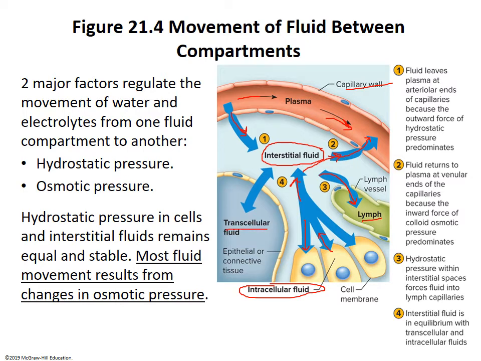Even the transcellular fluid, like the vitreous and aqueous humor and the synovial fluid in the joints, is made up of basically the same fluid that goes from the plasma to the interstitial fluid and then into these openings. So again, most fluid movement results in changes in osmotic pressure. That's what's driving most of this, outside of the usual hydrostatic pressure, the pressure of the fluid.